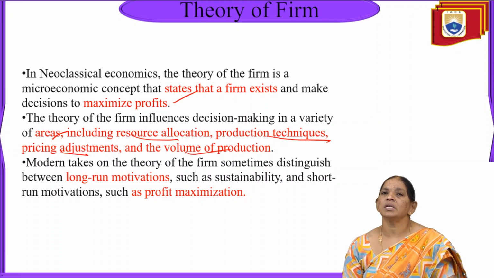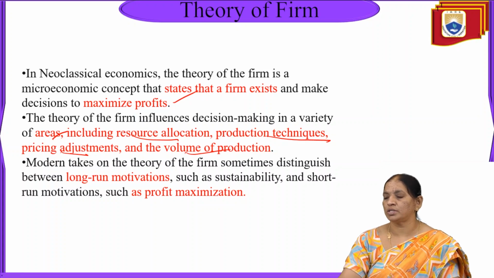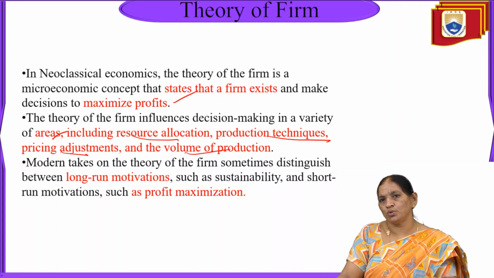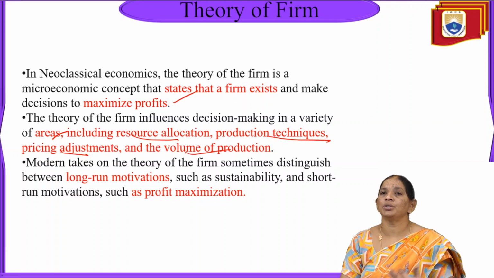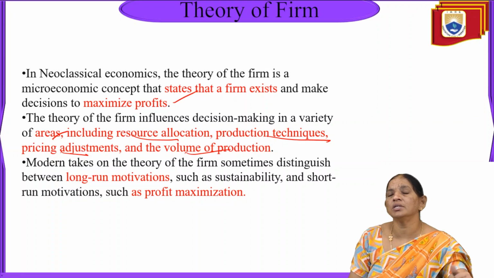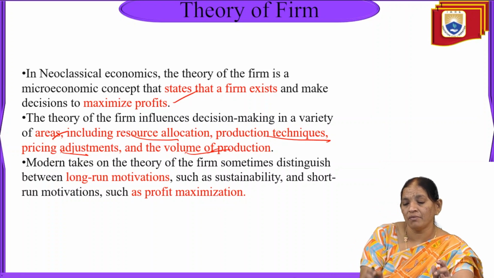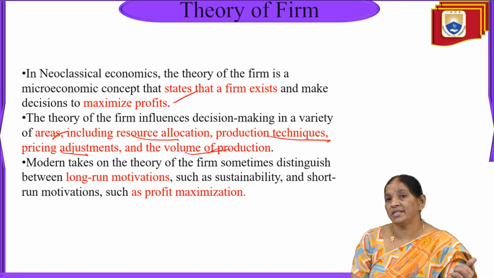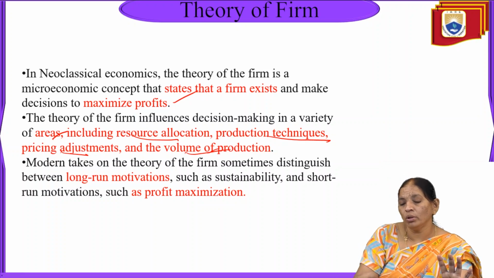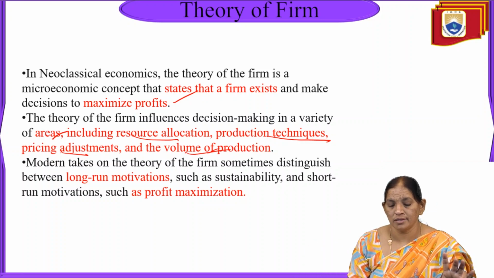Resource allocation means what percentage of the resources we allocate for what percentage of the goods. And at the same time, whether innovative or traditional production techniques are used, and with those techniques what volume of production we have, and whether this volume is adjusted to the external or internal price of the product or not. So linking all these things, the theory of the firm takes them into consideration.